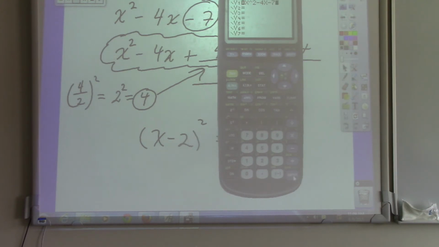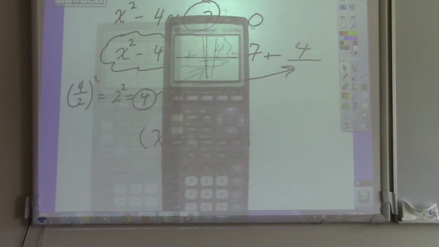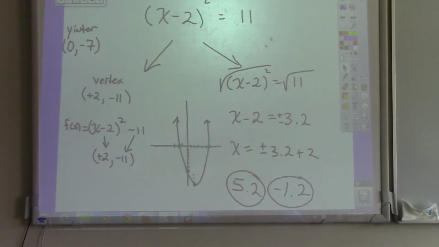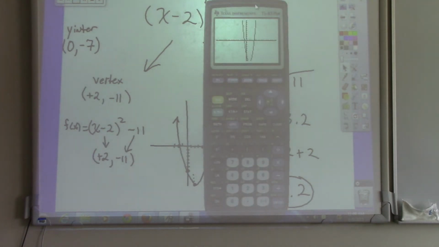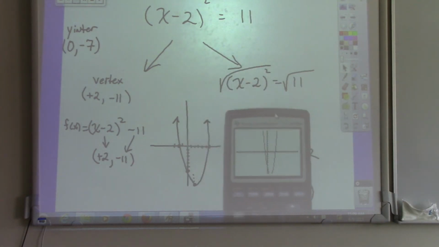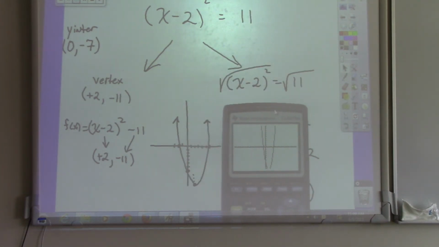Hit graph. There it is. And yours looks somewhat like that. Of course, theirs is more detailed, but the whole point of doing this is not to plot a graph, but to sketch a graph.